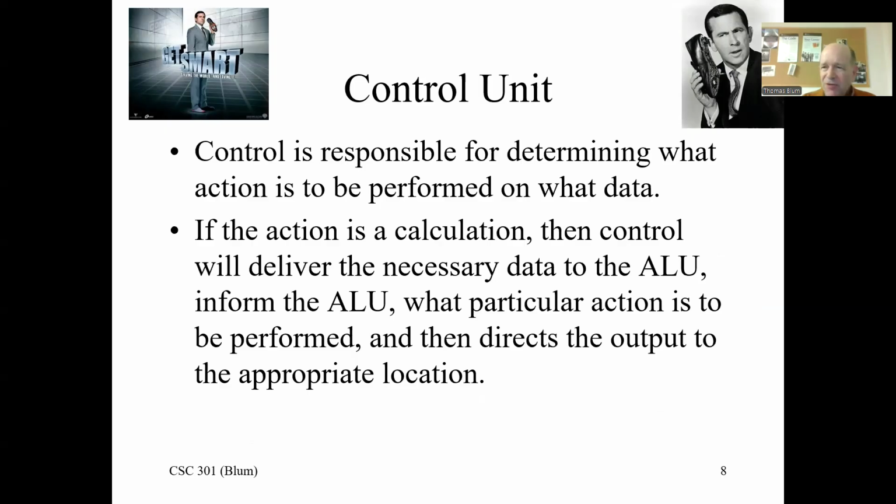The thing that changed the data was the ALU, but the other part of the CPU, the central processing unit, was the control. Every little piece of hardware in the computer needs some sort of control input.